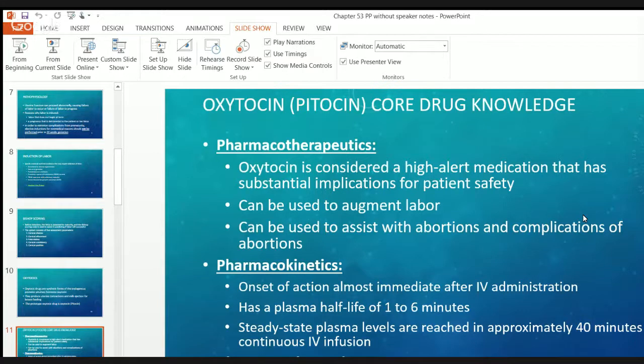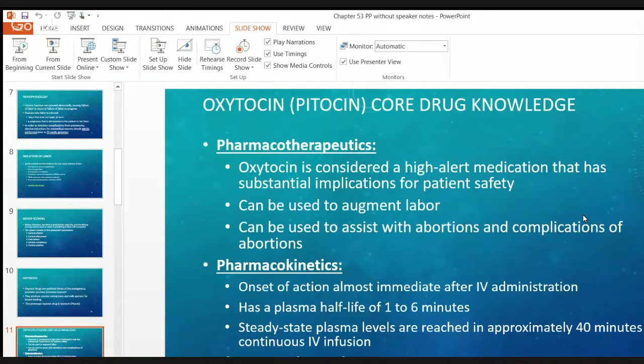When we look at the pharmacokinetics, onset of action is almost immediate after IV administration, with a plasma half-life of 1 to 6 minutes, and steady state plasma levels are reached in approximately 40 minutes with continuous IV infusion. Pharmacodynamically, it stimulates uterine contractions and milk let down for the breasts.